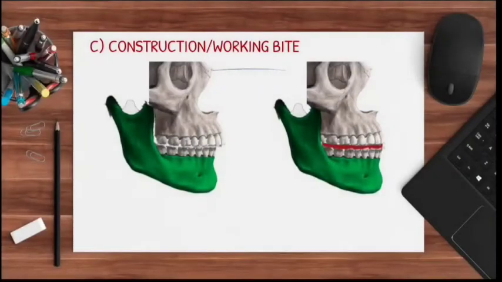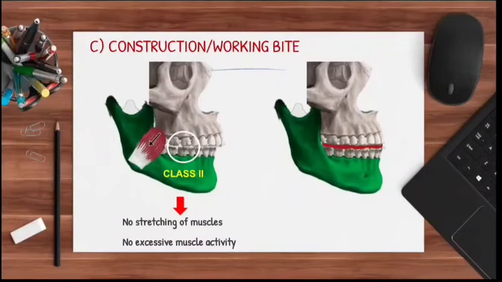During recording of construction bite, we are changing the mandibular position from its rest position to postural position, that is from class 2 to class 1. So there will be some amount of stretching of muscles that are attached to it. For example, when it is in class 2, that means rest position, there will be no stretching of muscles, no excessive muscle activity.